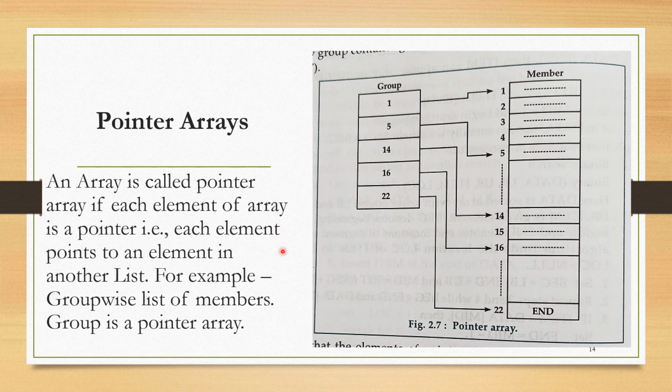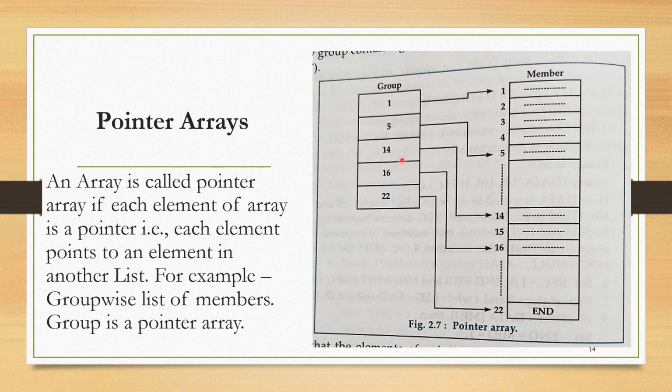Okay, fine. Now our linear array has been discussed in length. Now we will go for pointer arrays. An array is called a pointer array if each element of the array is a pointer, that is, each element points to an element in another list. For example, a group-wise list of members. Group is a pointer array, and this is another linear array.